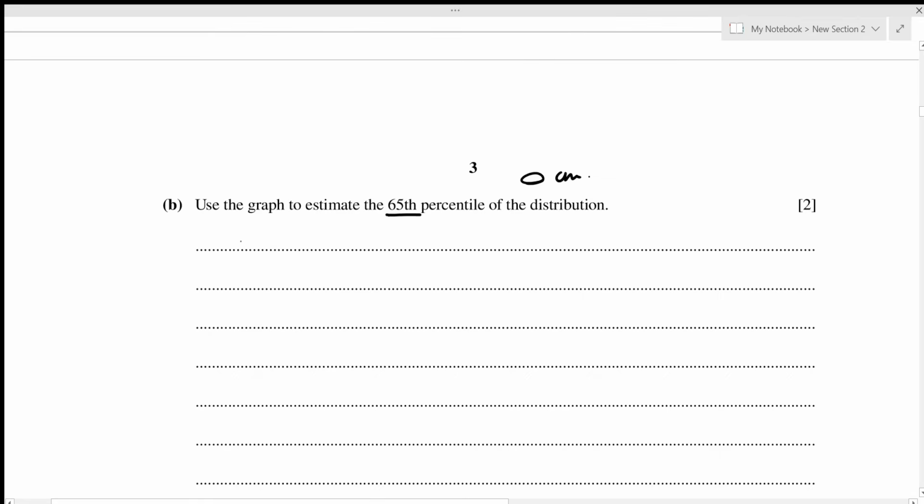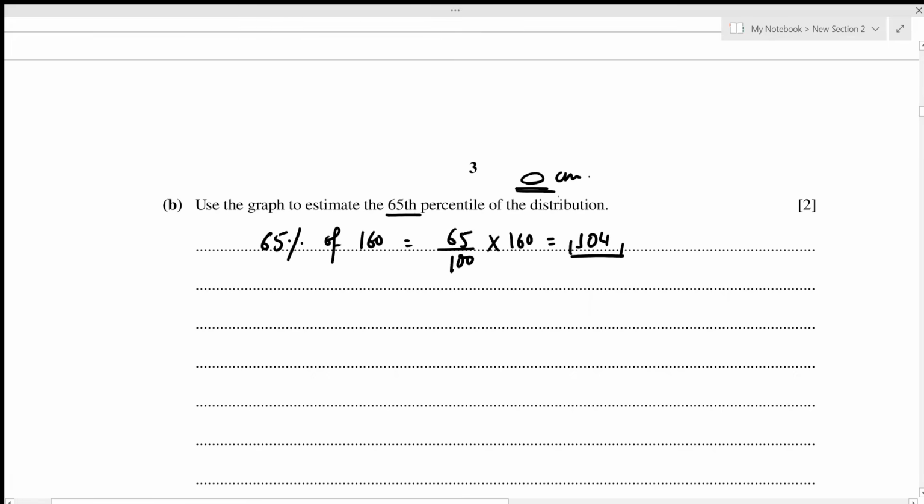We know that the total number of sunflowers is 160, so the 65th percentile is going to be 65% of 160. That's 65 by 100 into 160, which is going to be 104. So we require the height in centimeters for which 104 sunflowers are less than that particular height.